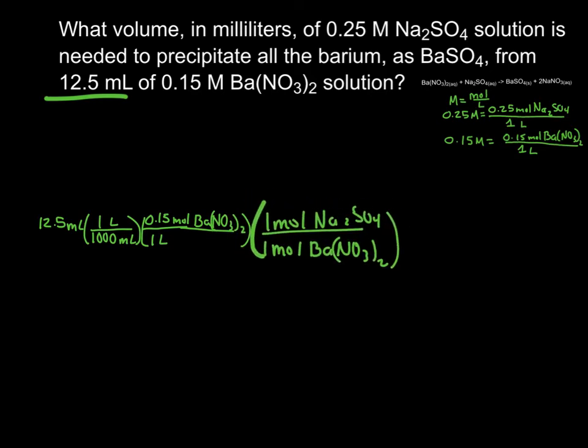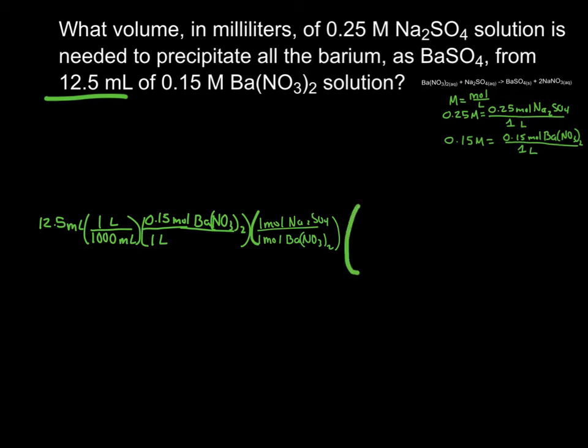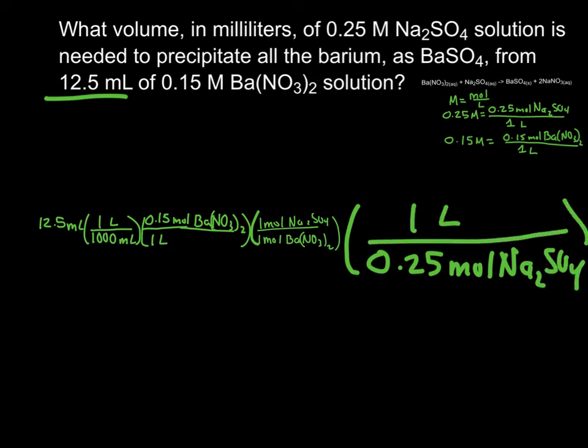Okay, now we got rid of moles of barium nitrate and have moles of sodium sulfate. So now we have to get rid of moles of sodium sulfate and get to milliliters because we want to know what the volume is in milliliters. So we use the molarity of this. We know that for every 0.25 moles of the sodium sulfate, we have a liter of solution.